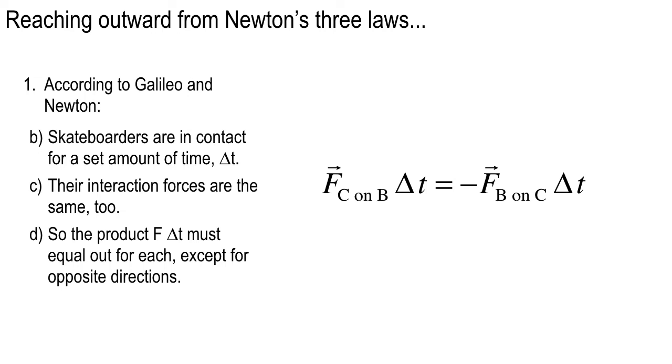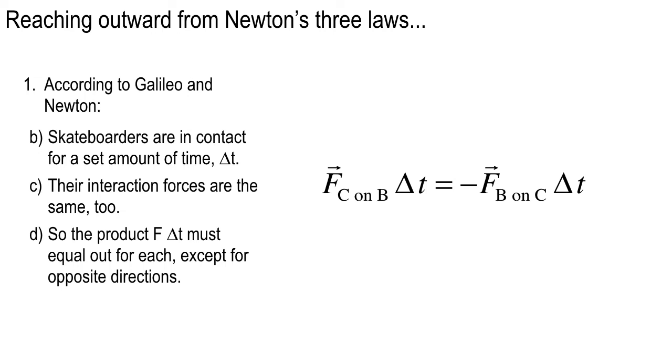And delta t is the same for both. So F delta t has to be equal for both of those guys, except for opposite directions. And so that's basically the third law there. Equal but opposite reaction. And it's based on the way the second law works.